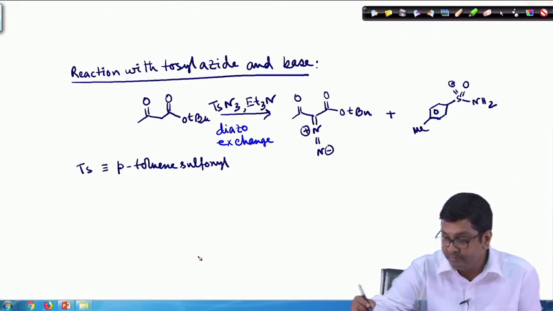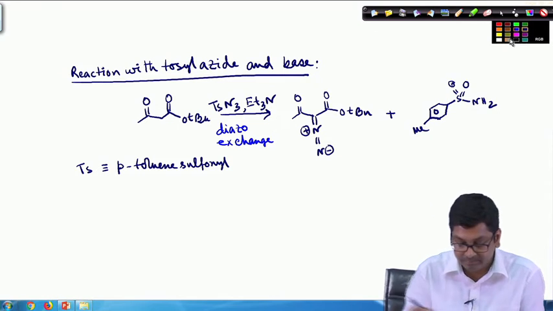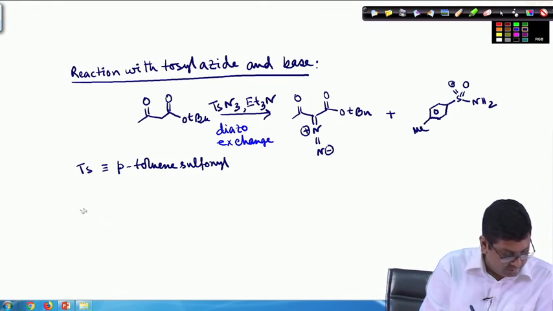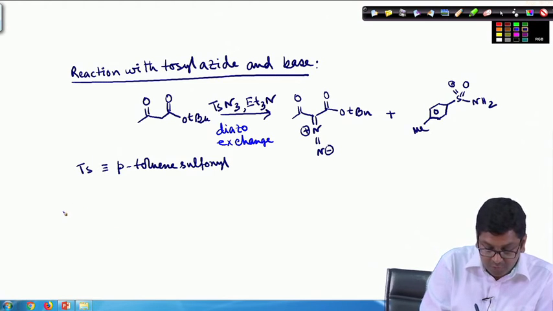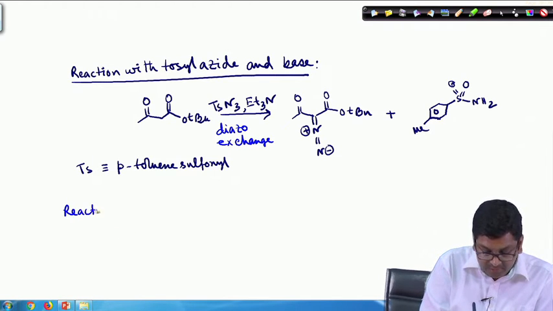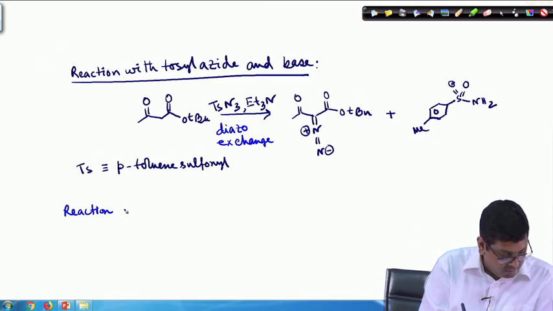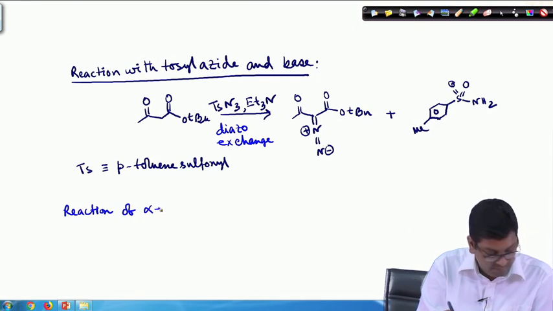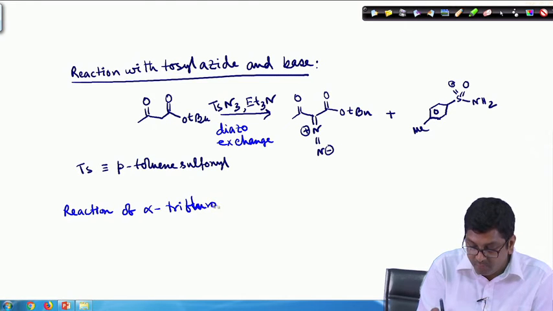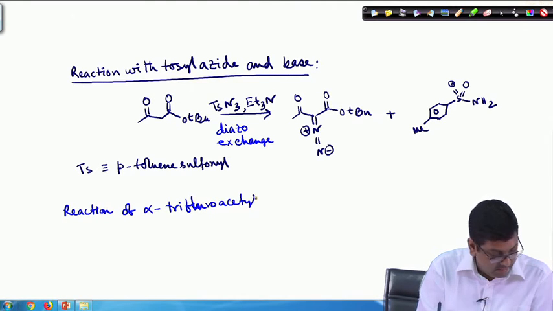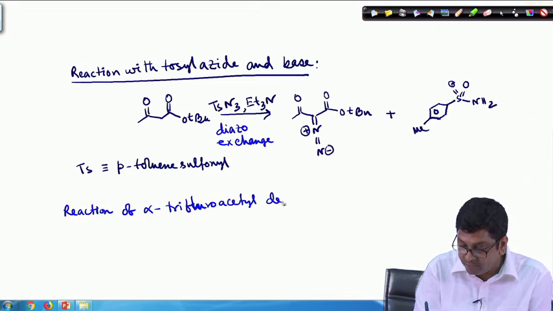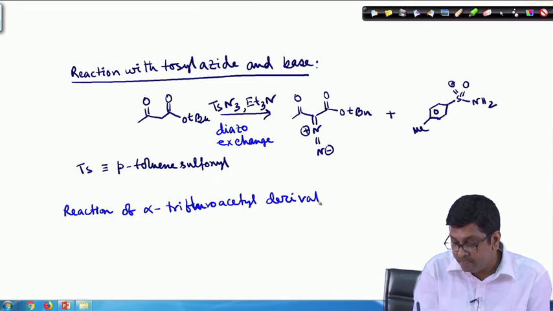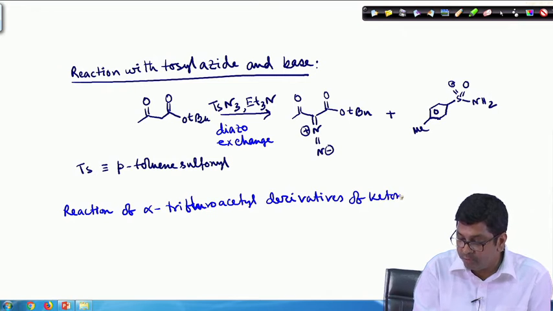As per example, so here we can write reaction of alpha trifluoroacetyl derivatives of ketone.